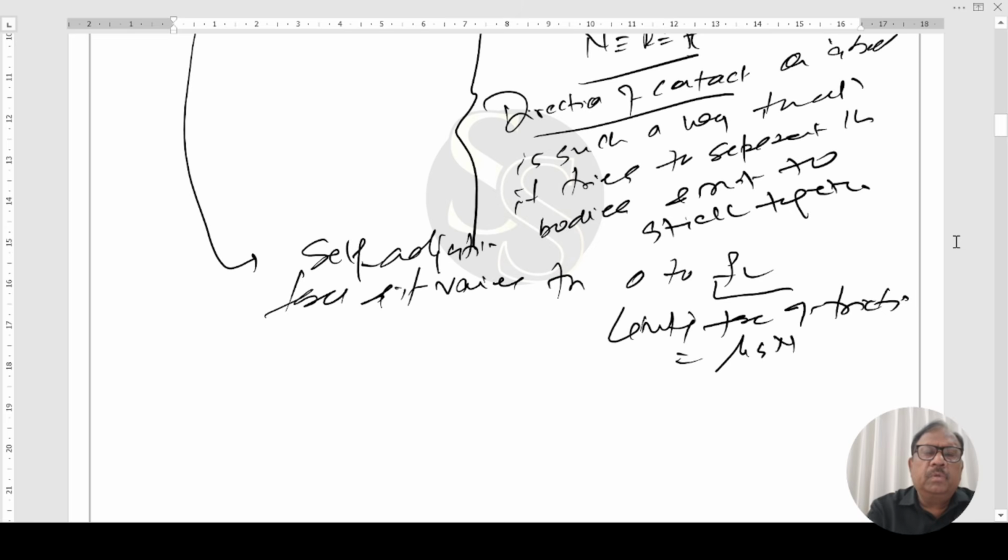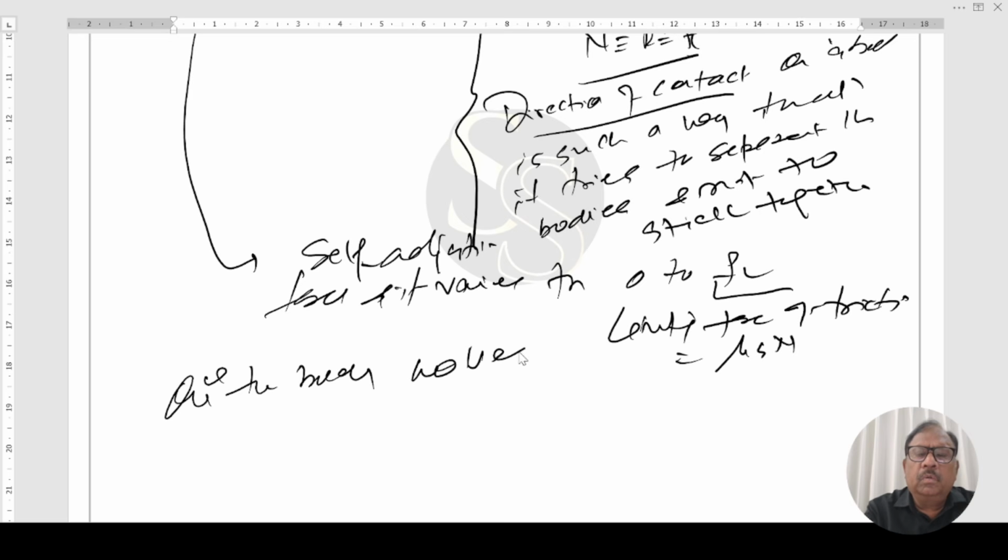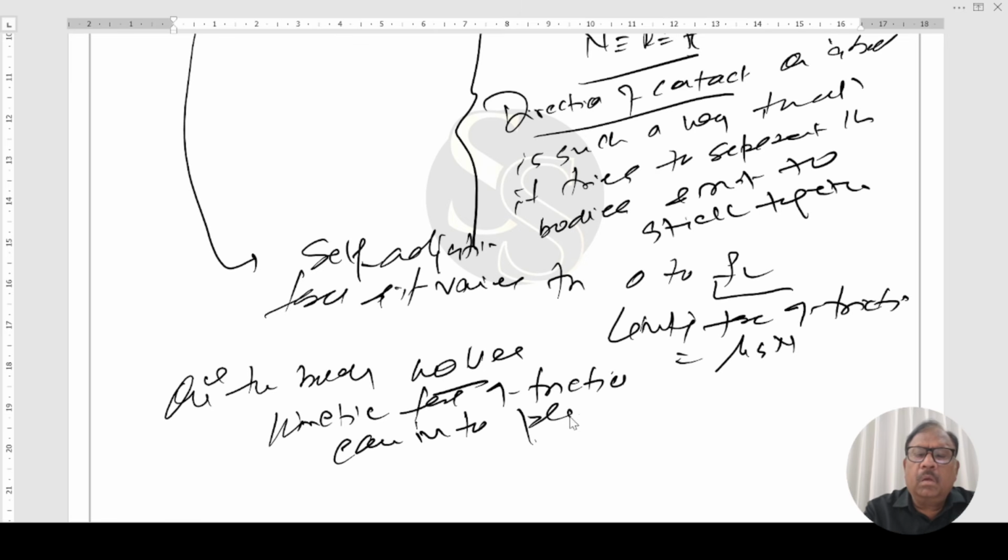Once the body moves, kinetic force of friction comes into play. Mu s is greater than mu k.